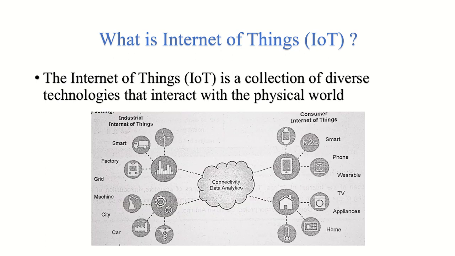So basically, the Internet of Things or IoT is a collection of diverse technologies that interact with the physical world, or allow you to interact with your device. For example, you can ask your smartphone to wake you up at 6 a.m. tomorrow morning, or you can command your air conditioner to switch off whenever you leave the house, or even in malls or multiplexes, the doors will automatically open whenever you walk in.